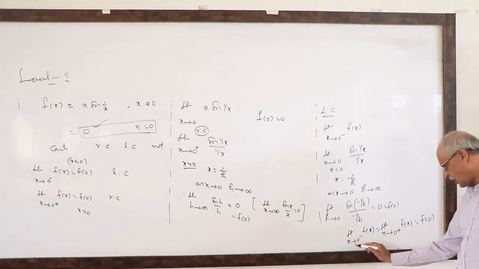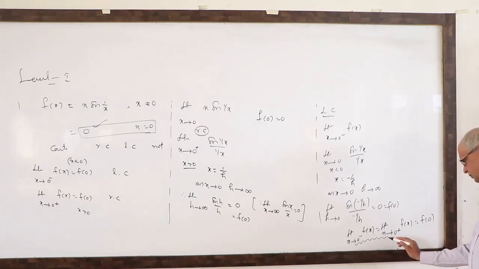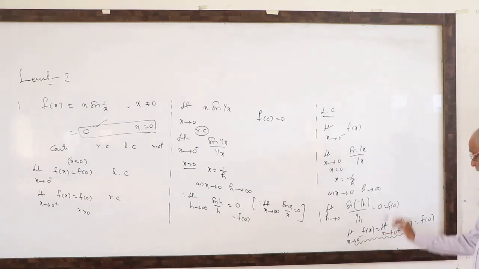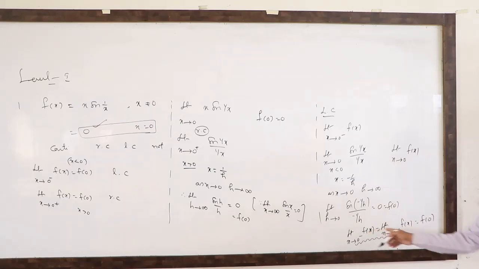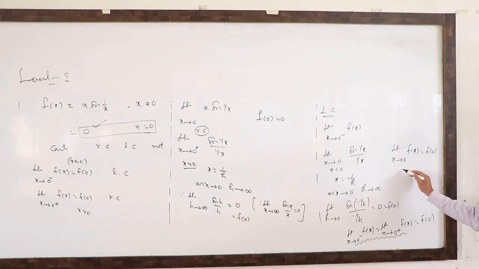These two are called one-sided limits, by definition of left limit and right limit. Both are equal. In general, what can we write? Limit x tends to 0 f of x is same as f of 0. Hence, we say f of x is overall continuous.